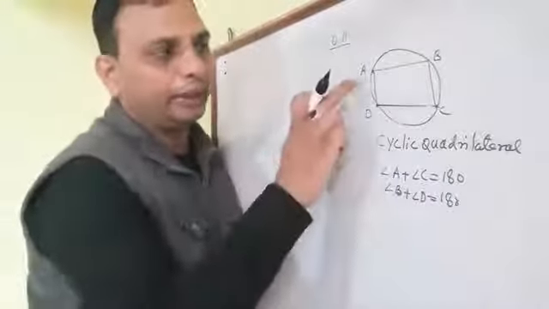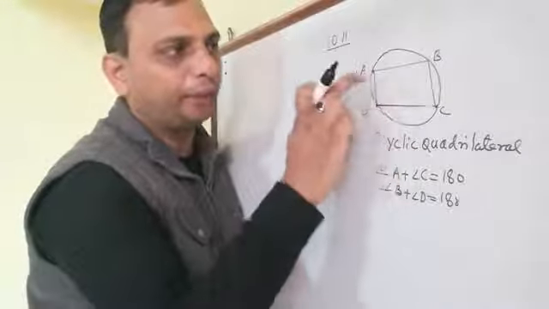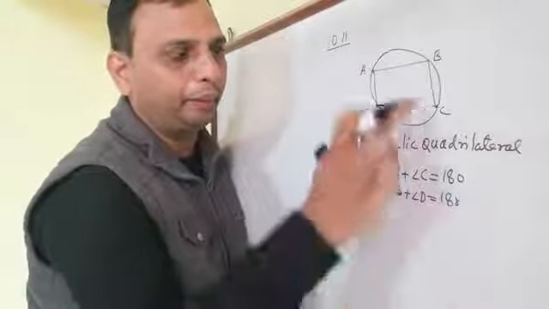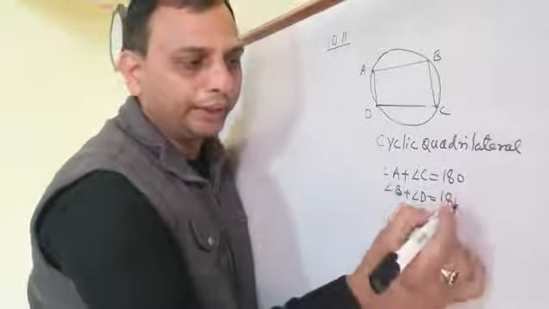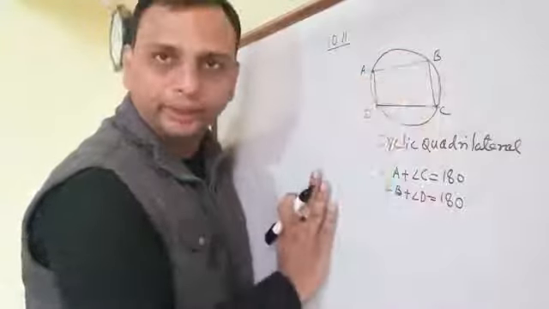Now, in a cyclic quadrilateral, the opposite angles will be how much? Angle A plus angle C, angle B plus angle D will be 180 degrees. So this is the property of the cyclic quadrilateral.